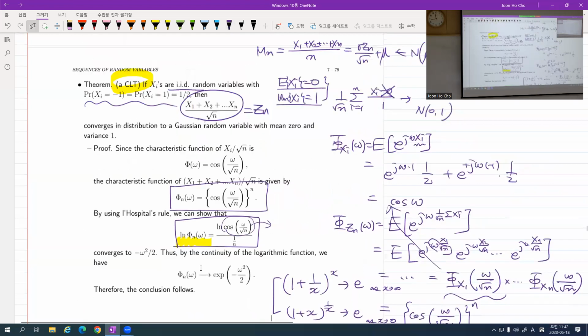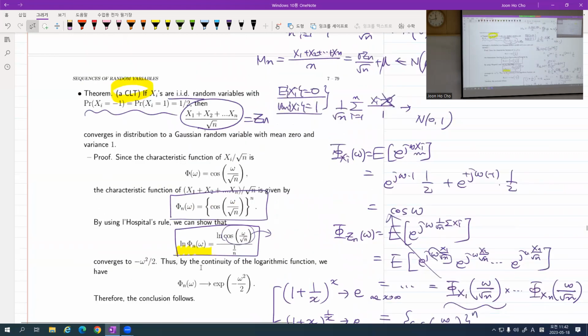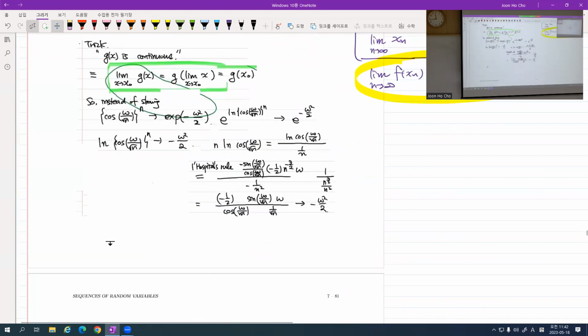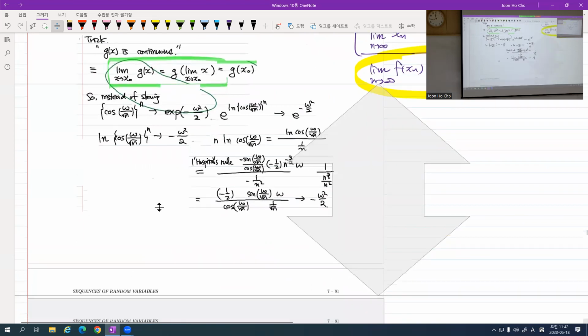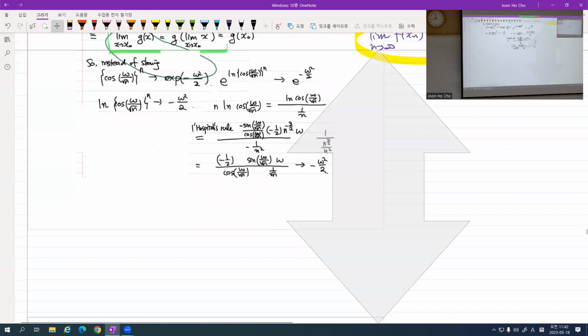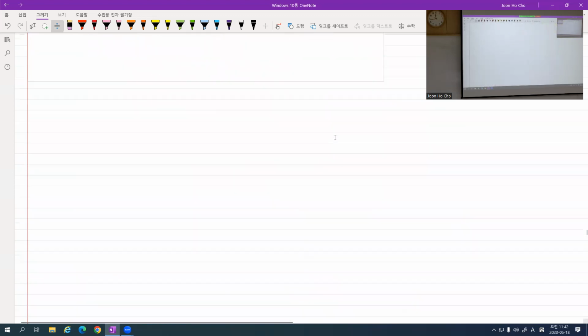Now let's see some implication of this one. What does this mean? Some of you probably wondered, what does this mean when you first saw this example in your undergraduate program?